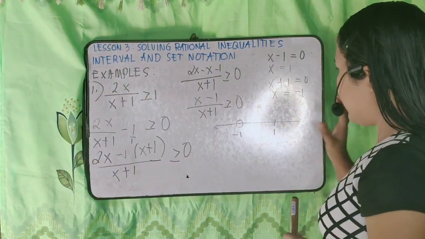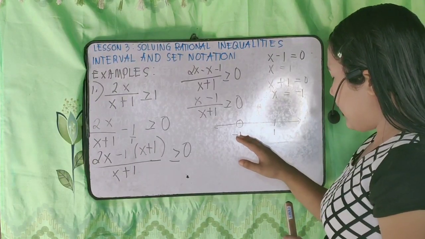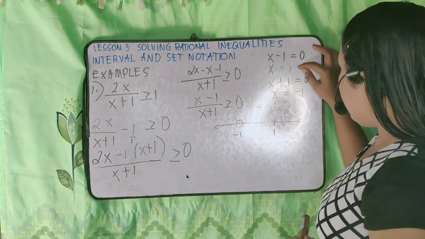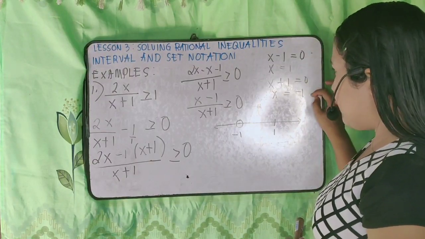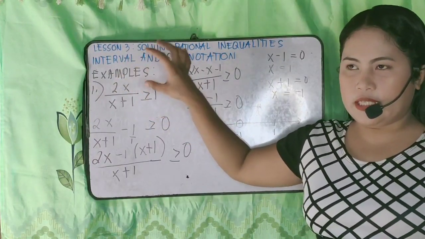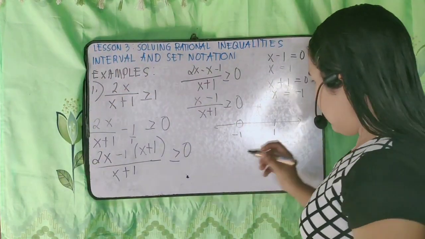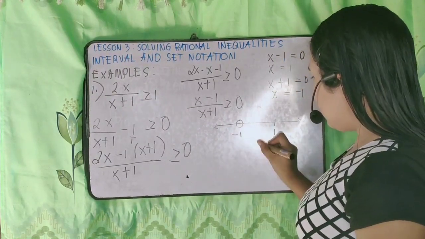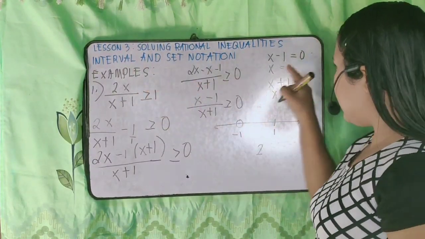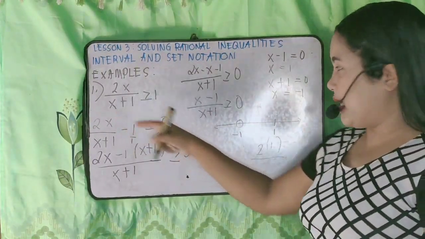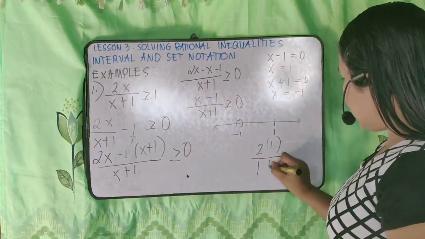Okay po, so para malaman natin kung yung negative 1 ba ay shaded or hollow, gagamitin po natin dito yung positive 1 and the negative 1, i-distribute lang natin siya dito sa original equation. Okay po, so let's say we have 2, then yung x palitan natin ng positive 1, and then over, x palitan natin ng 1 plus 1.